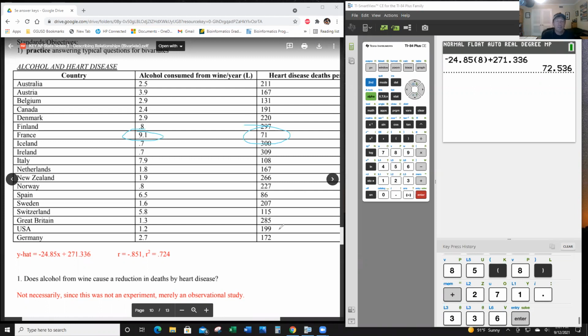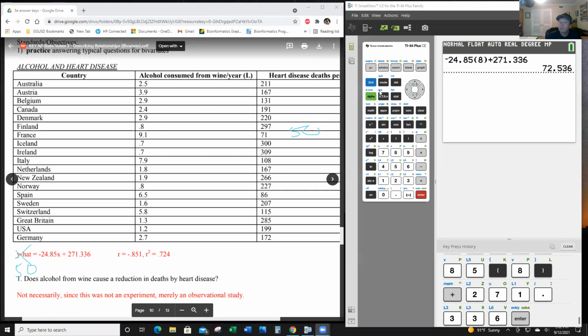The other one is, let's say you wanted to reduce heart disease deaths to 50 per year in a culture, 50 per year. So what we're going to do is we're going to put 50 in for Y hat. So put 50 in for that, and then we're going to solve for X. So let's go ahead and do that one.